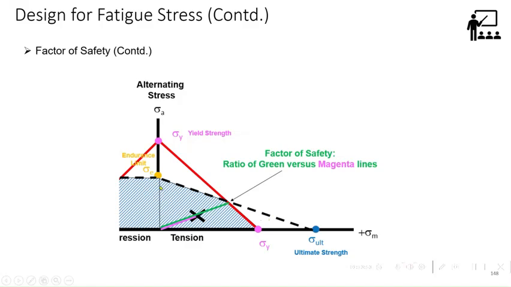Any combination of stress amplitude and mean that falls on the line, this combination of stress amplitude and mean on the tension side, will fail. If you are not exceeding yielding, this combination of mean and amplitude will fail. But if it's far away, you have some safety margin. So factor of safety is given as a ratio of green versus, that is from here to here.